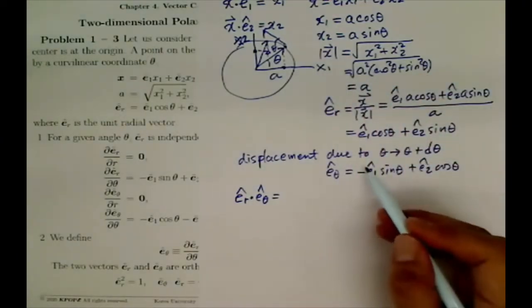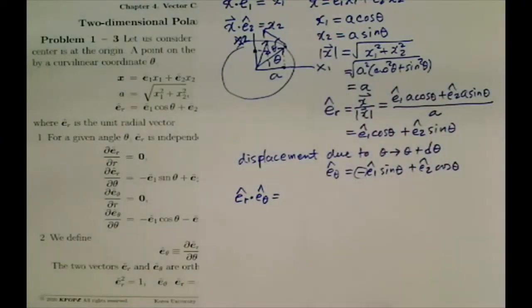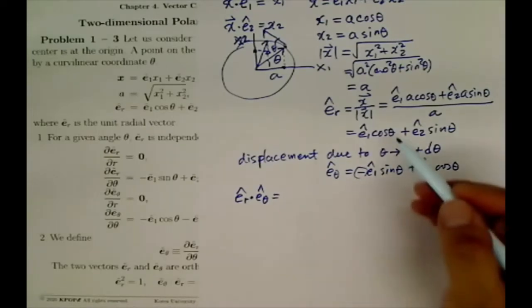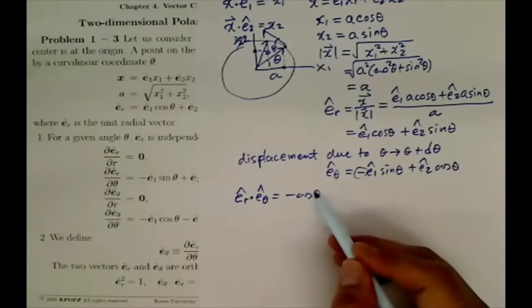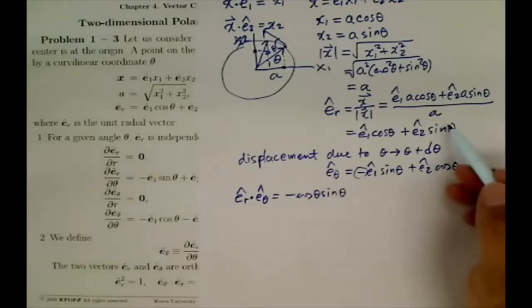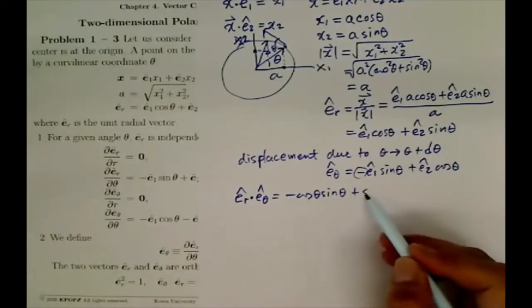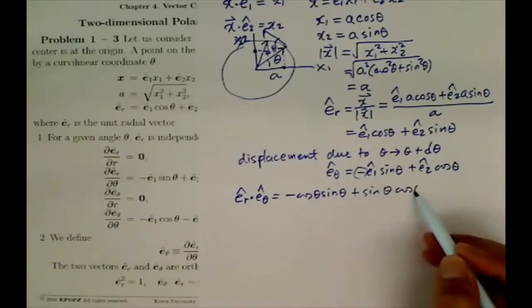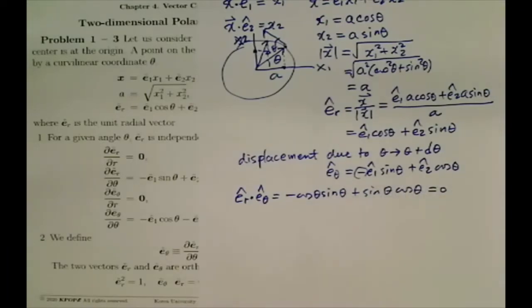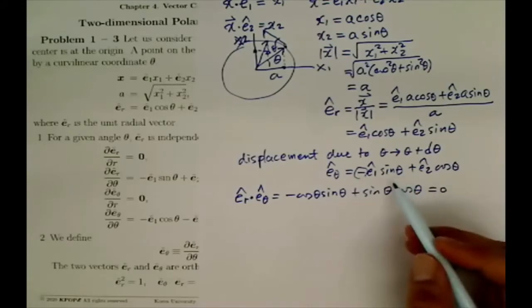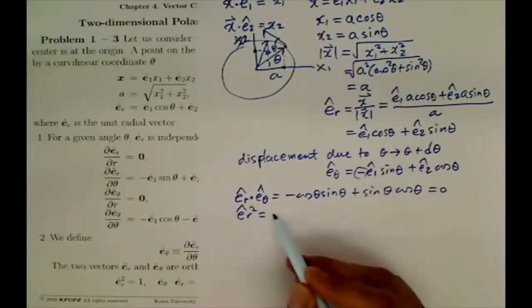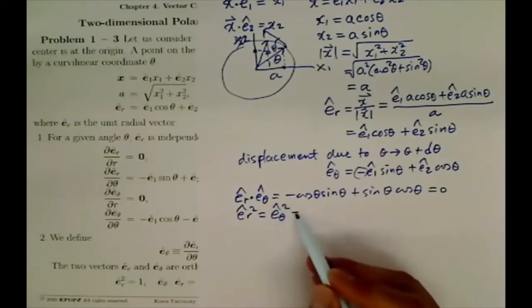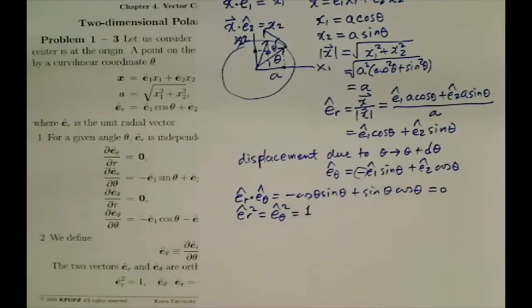Thus, we have a negative sign here. If I multiply these two, this is minus cosine sine plus sine cosine, which becomes 0. And we already noticed that e_r squared and e theta squared are all equal to 1. They are orthonormal.